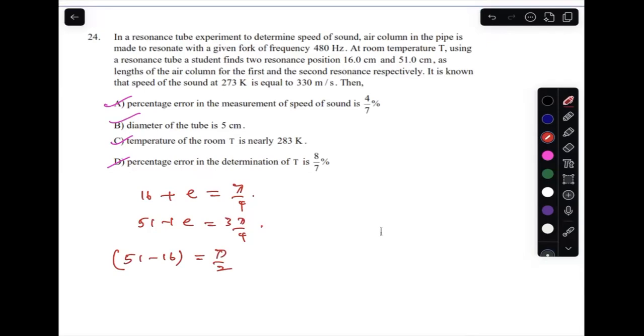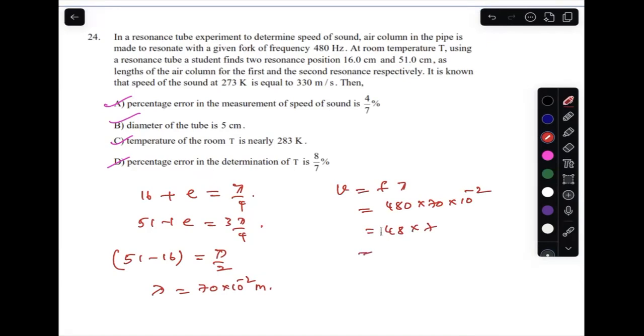So lambda is 51 minus 16, which is 35. 35 into 2 is 70 into 10 power minus 2 meter. V equals F into lambda, which is 480 into 70 into 10 power minus 2. 48 into 7, please.